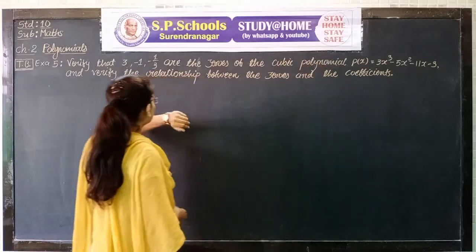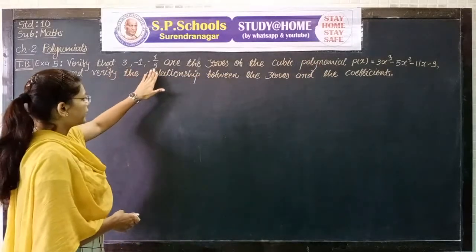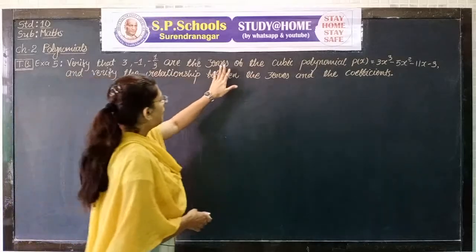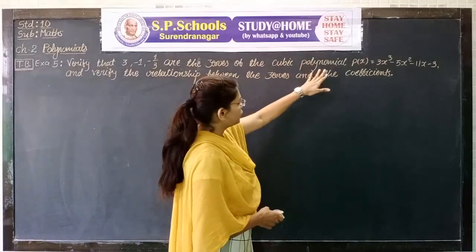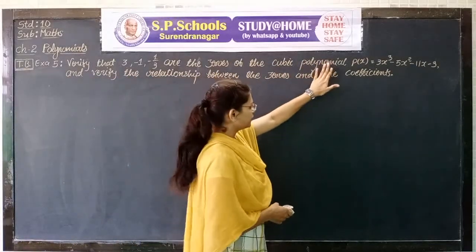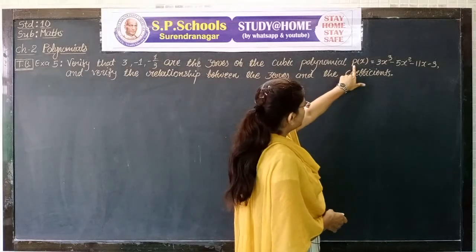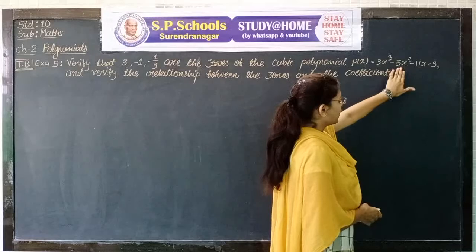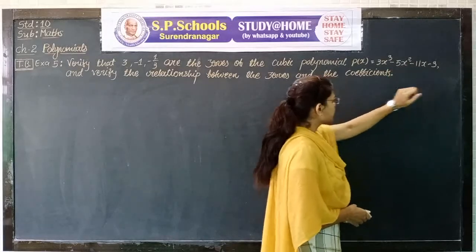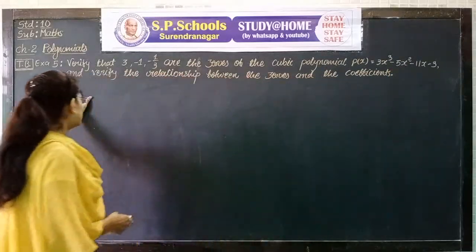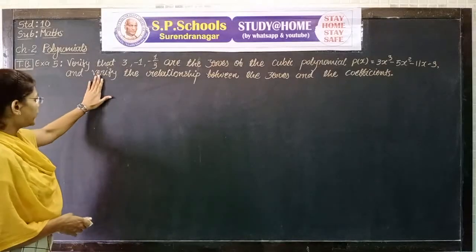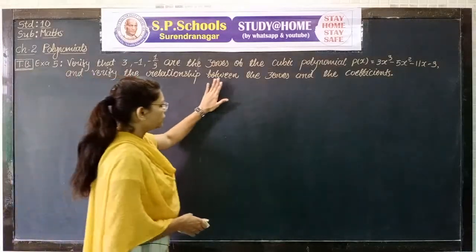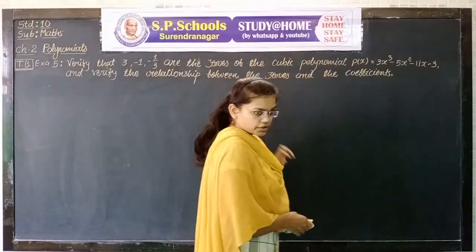The three zeros are given. We have to verify it first. The cubic polynomial is given: p of x is equal to 3x cubed minus 5x square minus 11x minus 3. And our second question: verify the relationship between the zeros and the coefficients.